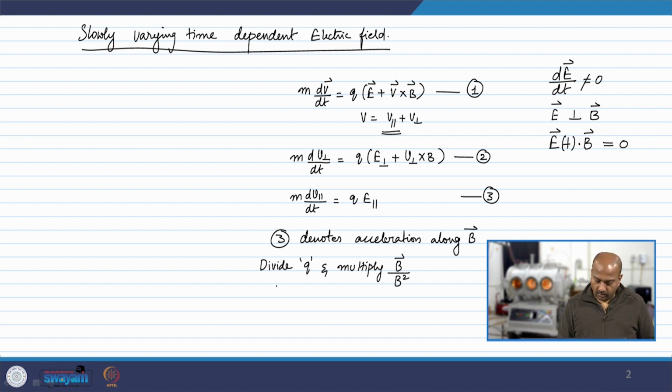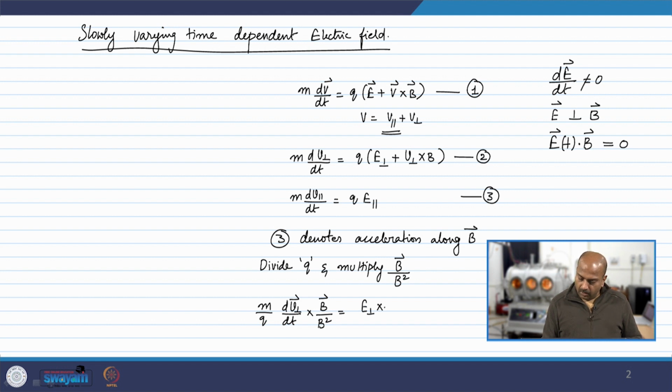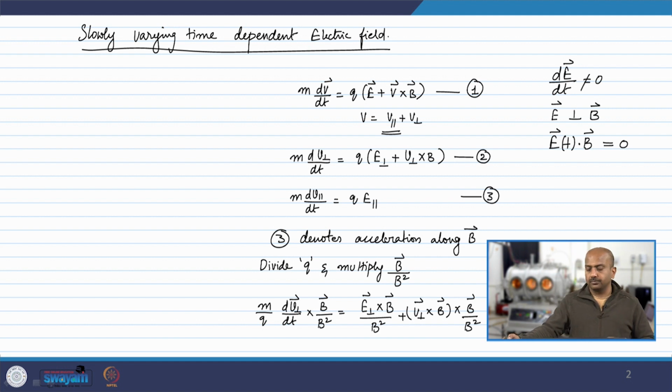Then what we have is m by q, since we are dividing with q, dv perpendicular by dt cross B by B square is equal to, now q is no longer there on the right hand side, E perpendicular cross B by B square plus V perpendicular cross B cross B by B square, right.